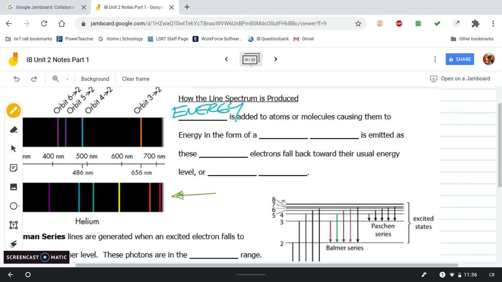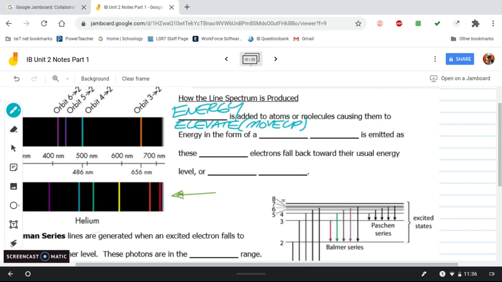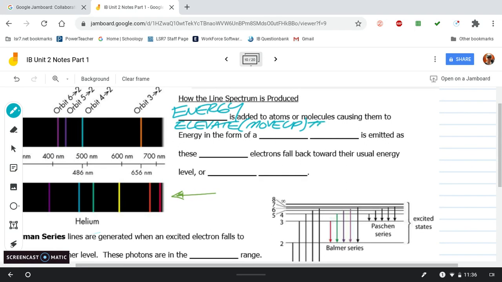So energy is added to the atoms or molecules, and it causes them to elevate or move up to higher energy levels.